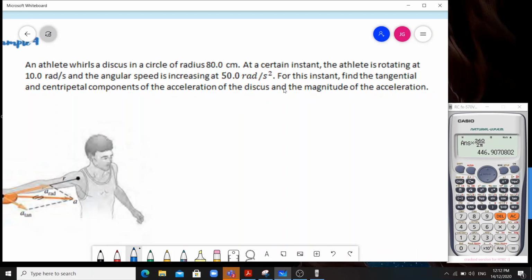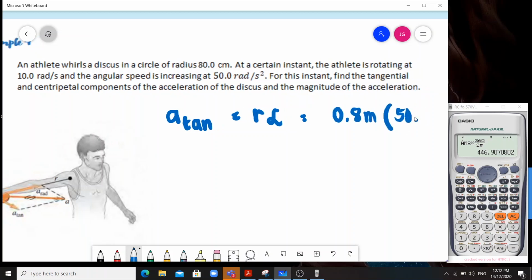For this instant, find the tangential and centripetal components of the acceleration of the discus and the magnitude of the acceleration. As said earlier, a tangential is equivalent to r alpha. That is 80 centimeters, that is 0.8 meters, times alpha of 50.0 rad per second squared.